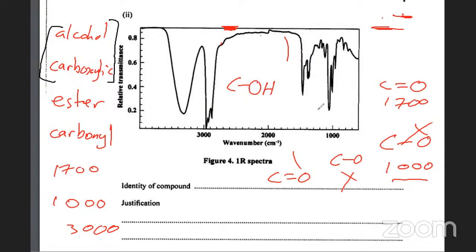So this one, we don't really need it because once you see this, you know it's the OH group for an alcohol. All right, but you still can mention it. So you have a peak here for C single bond O, and you have the OH for the alcohol. So this one would have been the alcohol.